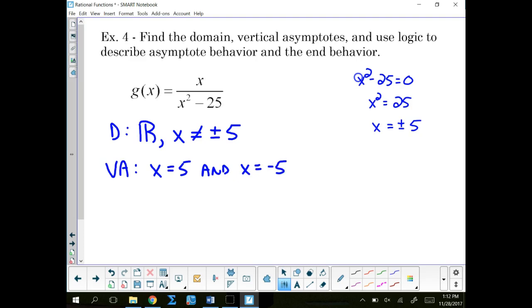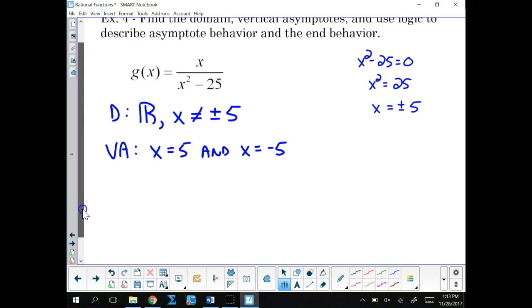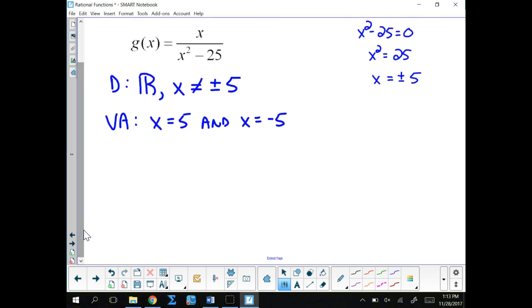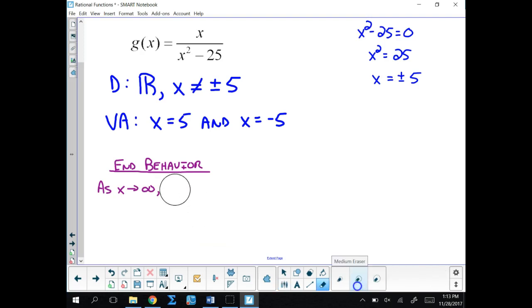Okay. So we found the domain. We found vertical asymptotes. Now we got to think. Okay. So my end behavior is going to be as x goes to infinity, what does my function g of x do?